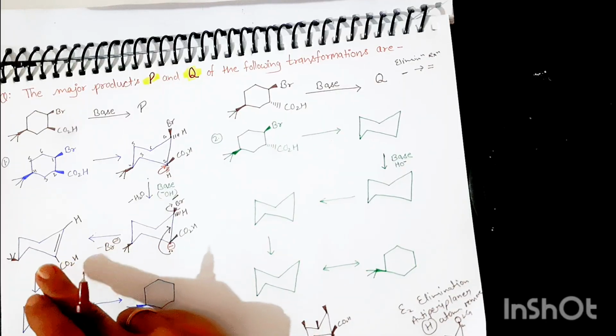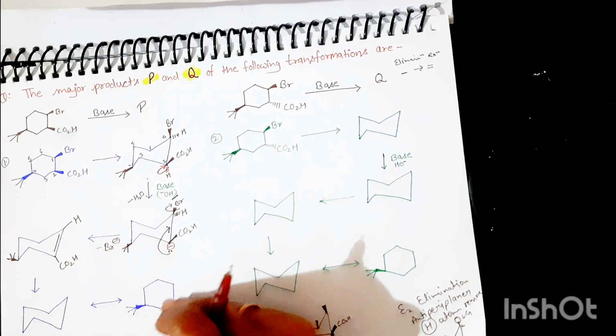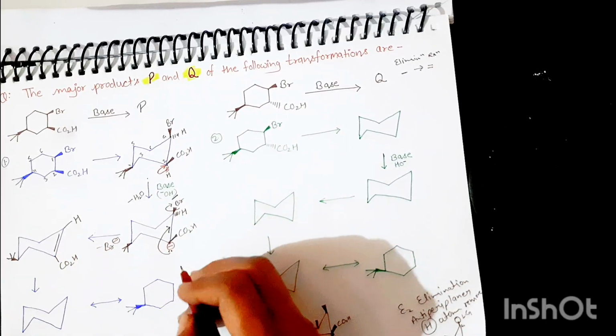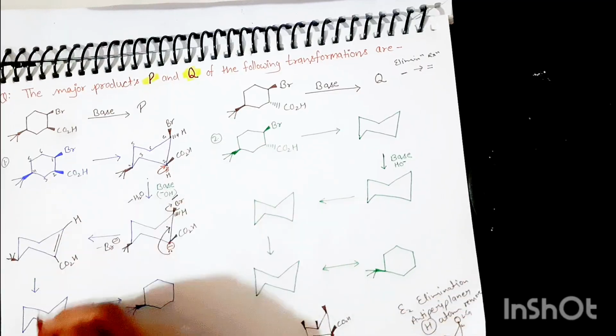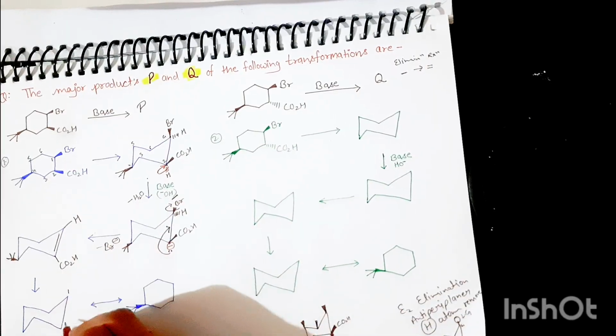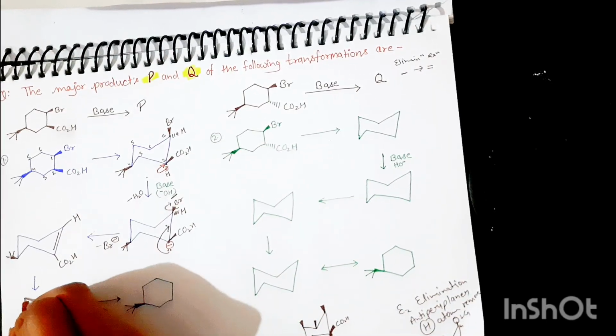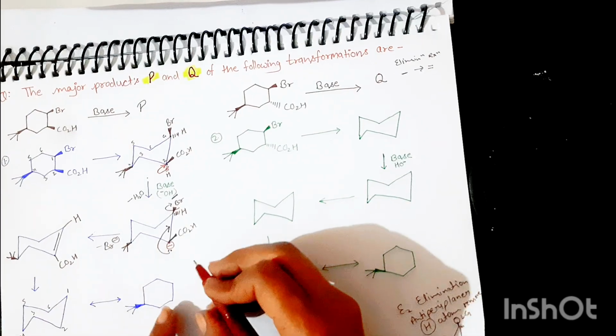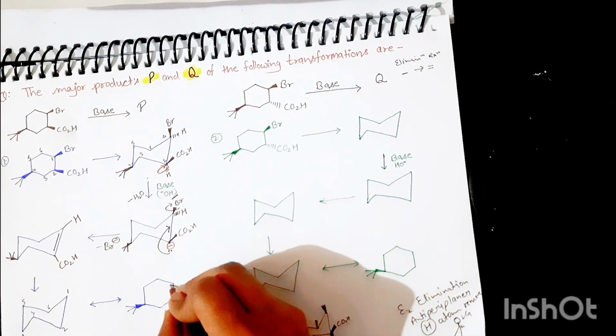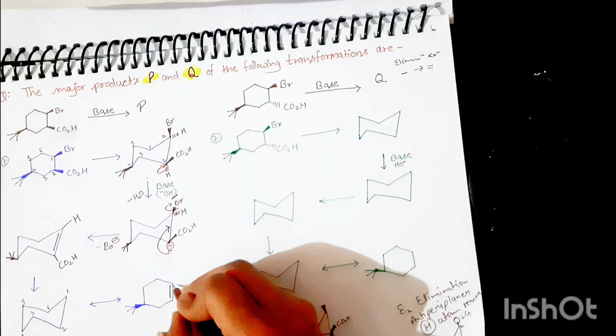We convert our final product into this form. So here first we mark C1, C2, C3, C4, C5 and C6. Between C1 and C2, one double bond came.